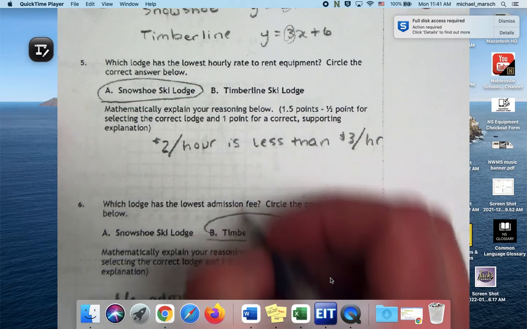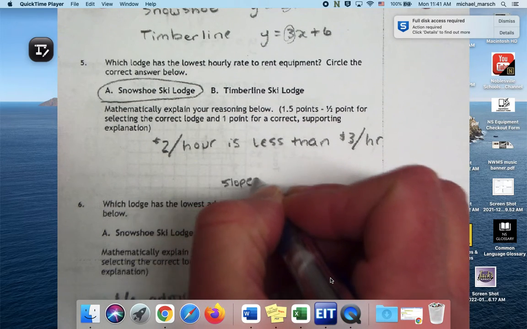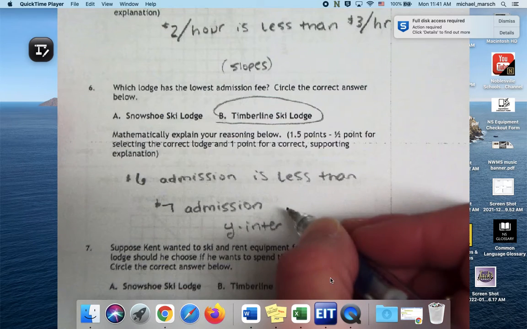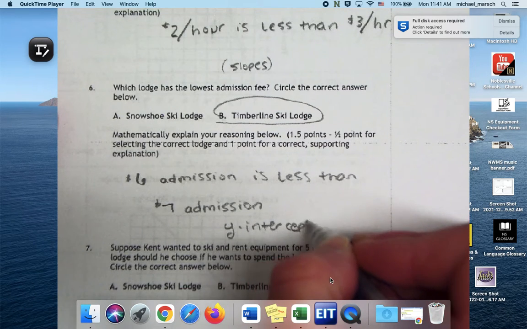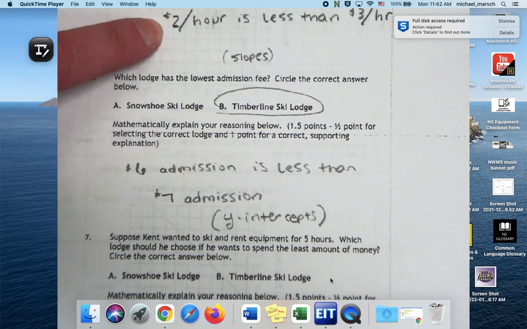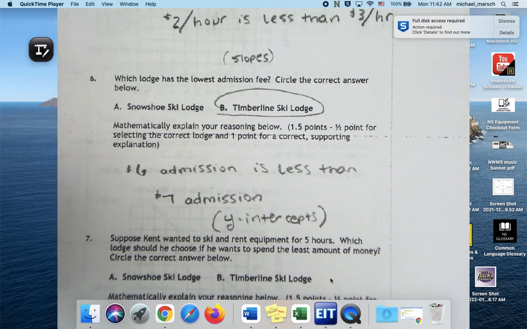So these were our slopes, and these were our y-intercepts. The repeating fees and the one-time fees.